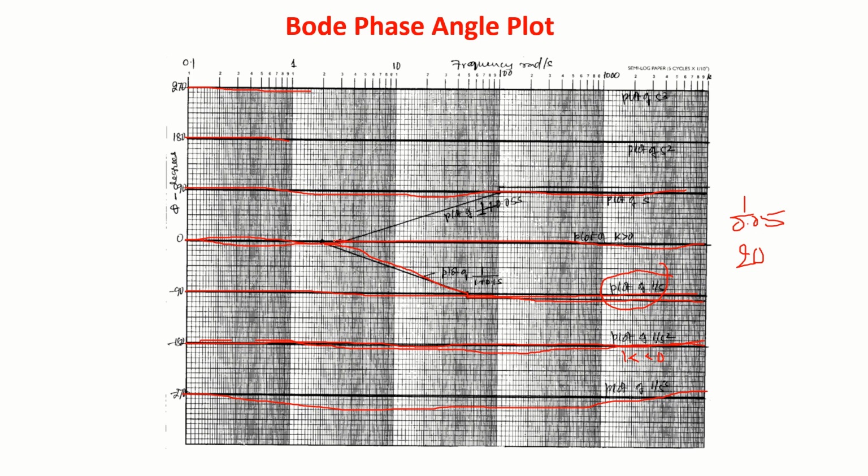I think that is also a mistake. 0. Then 5 times 20 means 100. Then it is 90, plus 90. Sometimes I draw this to differentiate from the line already existing. In between you join by a straight line. Done.